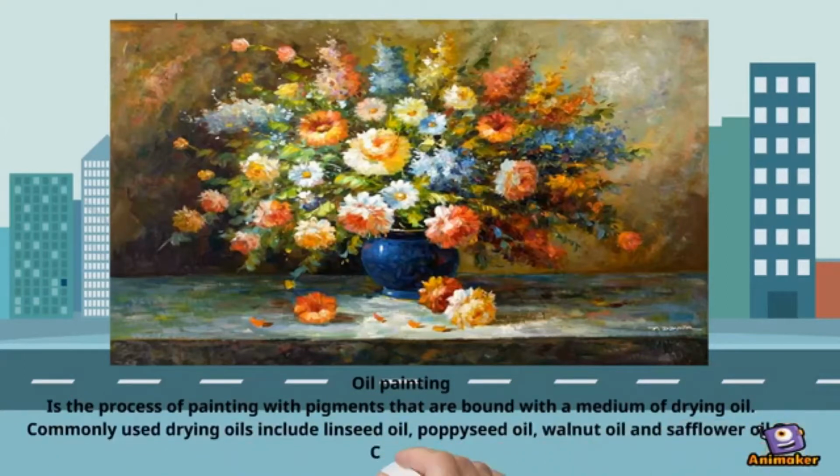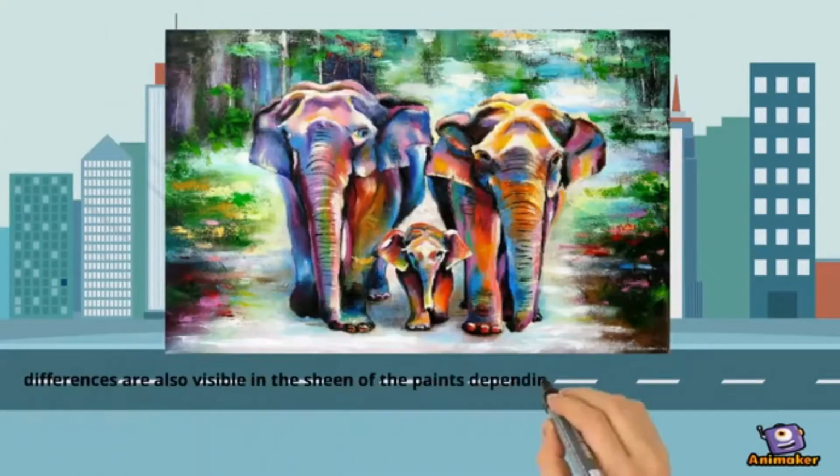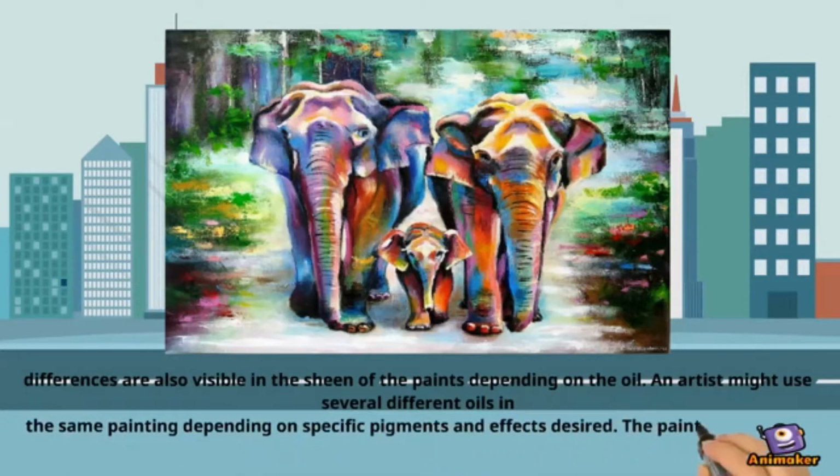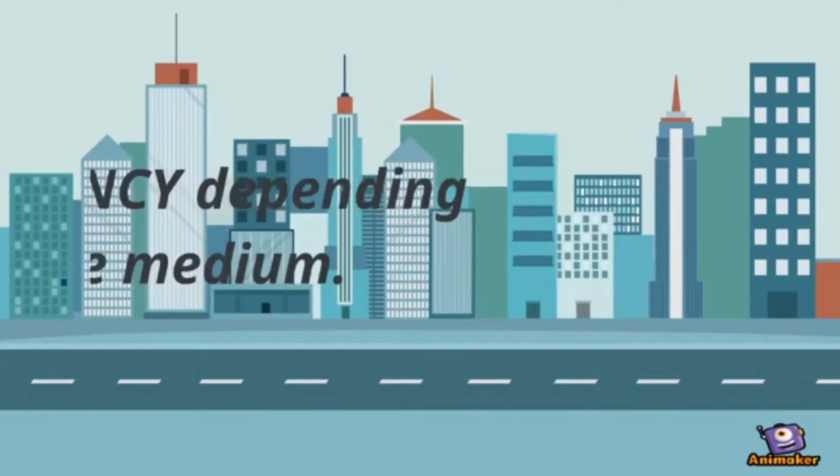Commonly used drying oils include linseed oil, poppy seed oil, walnut oil, and safflower oil. Certain differences are also visible in the sheen of the paints depending on the oil. An artist might use several different oils in the same painting depending on specific pigments and effects desired. The paints themselves also develop a particular consistency depending on the medium.